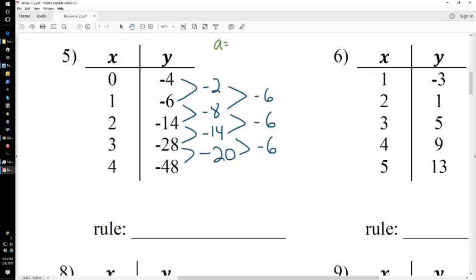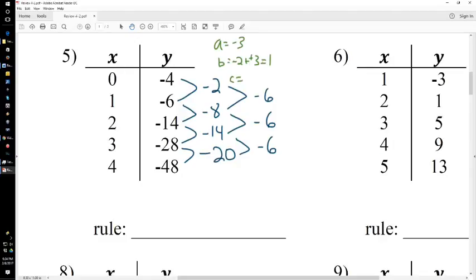So negative 6 divided by 2 is negative 3. For your b value, we take the first difference, from the starting point to the first point, which means we take the negative 2 and subtract a. So negative 2 minus negative 3, so negative 2 plus 3 equals 1.